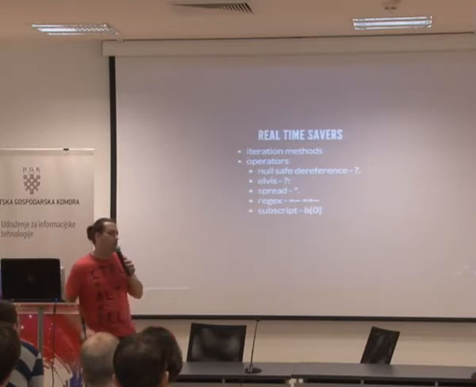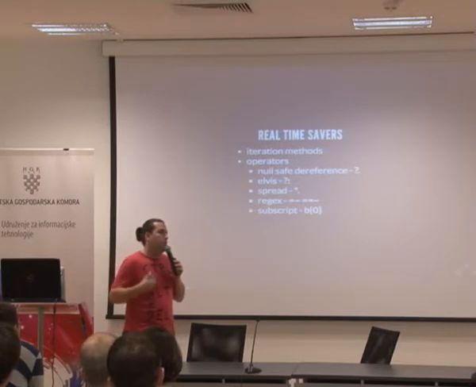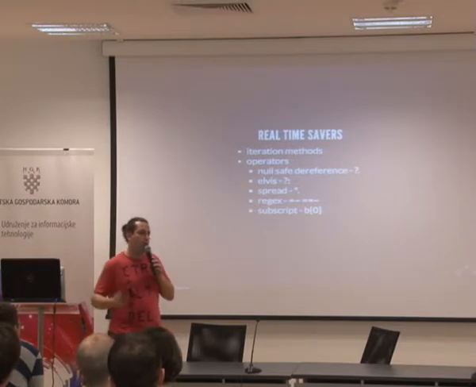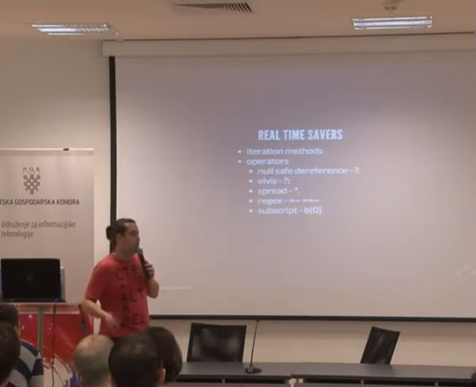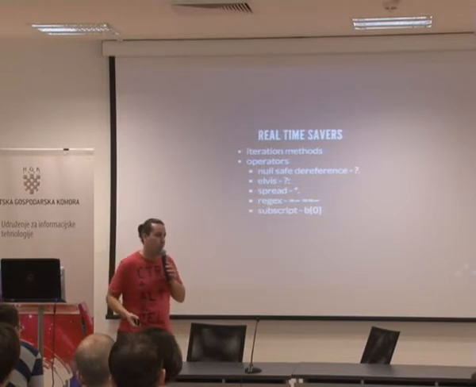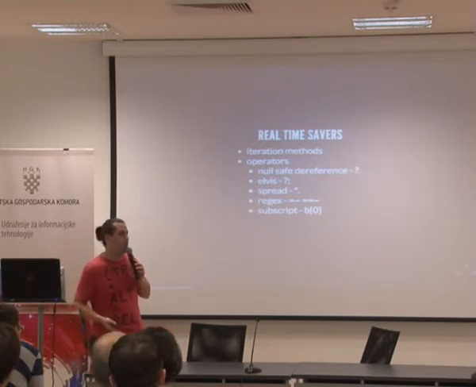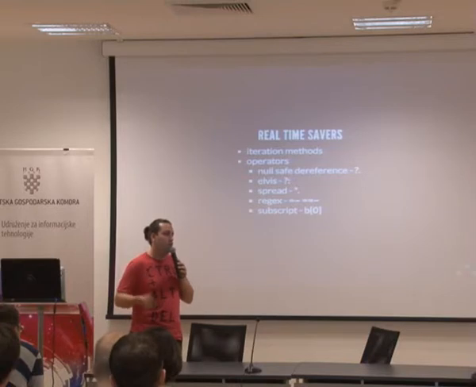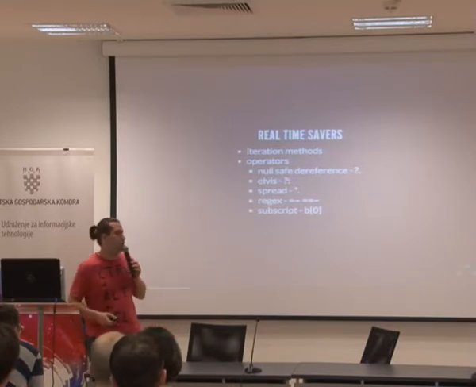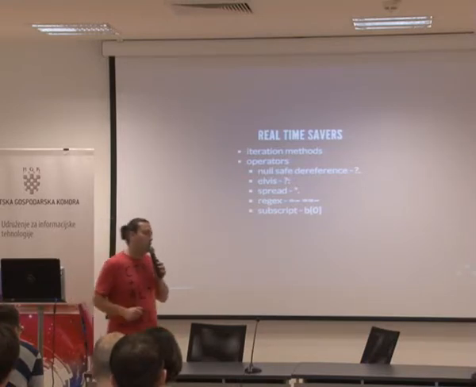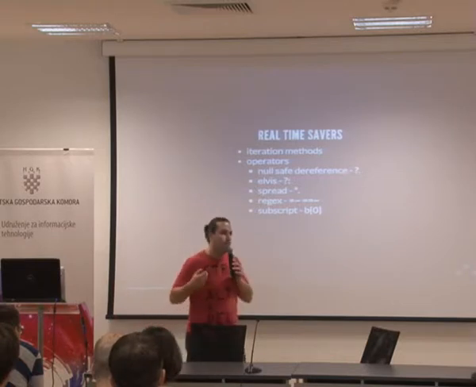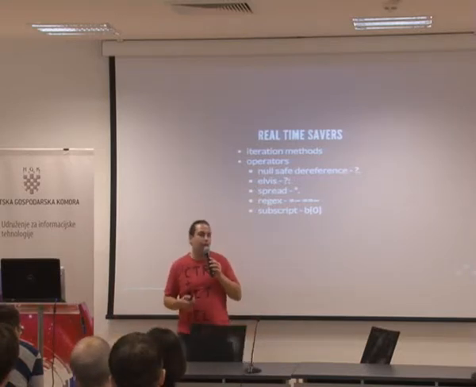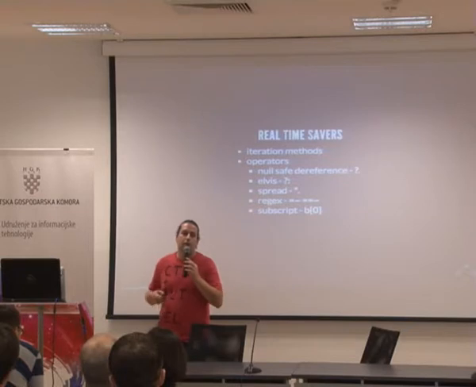A spread operator lets us access a property or a method on every object in a collection, whatever that collection might be. So it's a pretty good time saver if we have to extract just one property from a collection of objects. Working with regular expressions in Groovy is much nicer, much easier than working in Java.